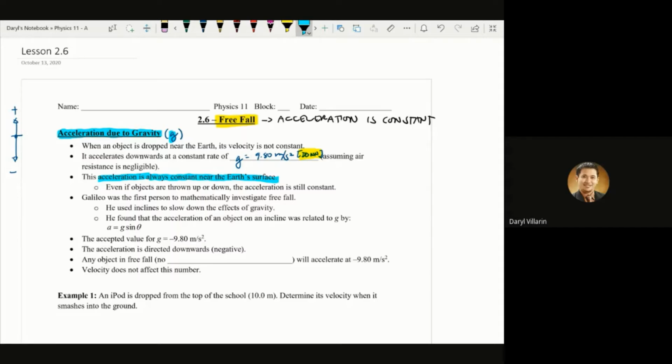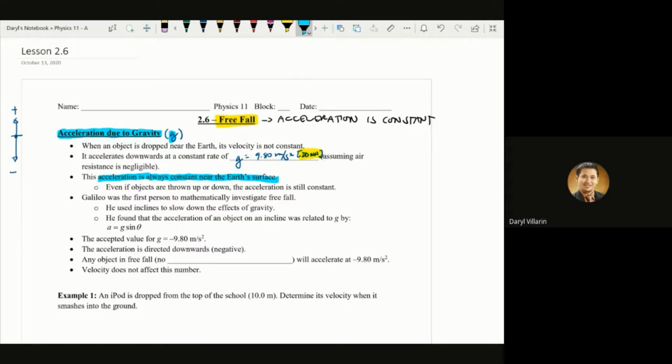If you're wondering why the acceleration is negative when I throw the object up, you have to remember that if you're throwing it upward, the magnitude of the velocity decreases, even though the direction is positive. So it is decreasing, and therefore the acceleration is negative.